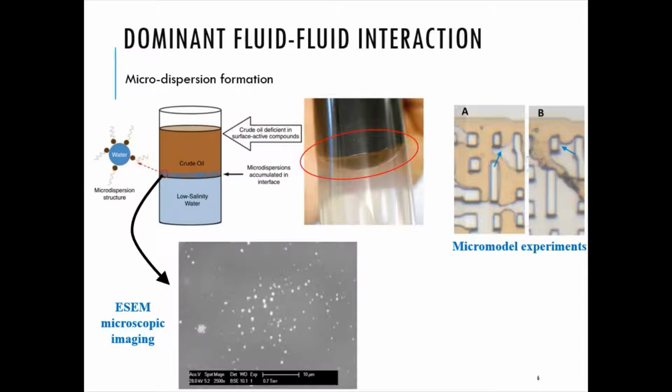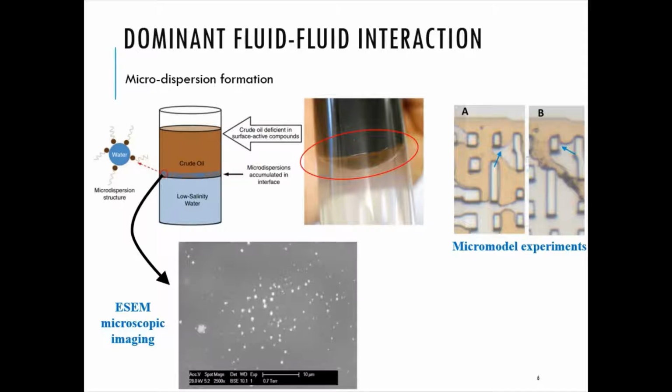In this slide, on the right there is a micro model image showing that when we inject low salinity water, these bright ones are water, low salinity water interacting with the oil. There are some dark spots forming within the oil. In the middle image, you can see this very brownish phase formed between the oil and the low salinity water.